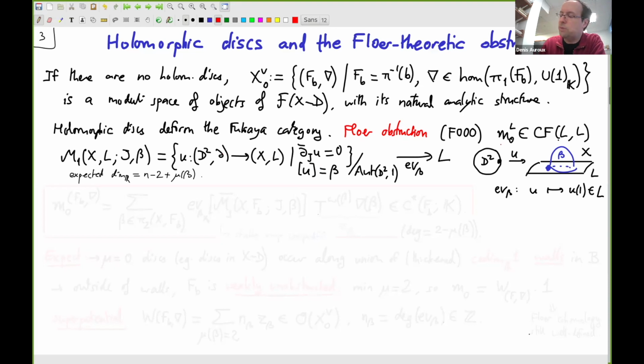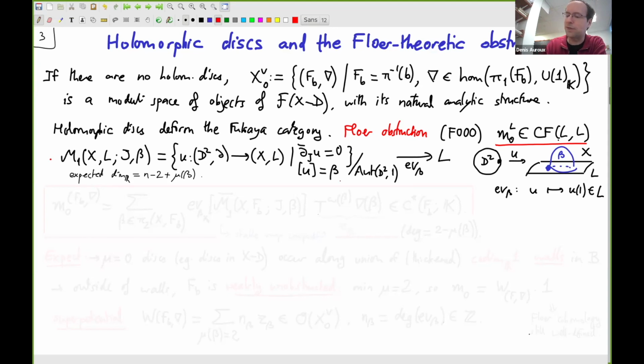So there's supposed to be something called M0 of a Lagrangian, which is like what comes before the Floer differential, product and so on. For each Lagrangian, this should be an element of a Floer complex of L with itself. What that means exactly depends on your chosen technical foundations. And the way we build it usually will be from moduli spaces of disks with one marked point on the boundary, mapping to the space X with boundary on the given Lagrangian.